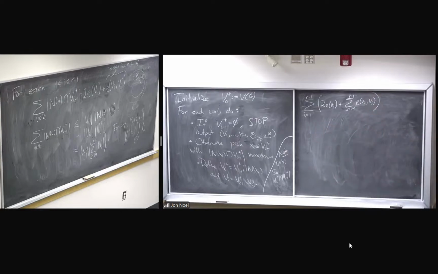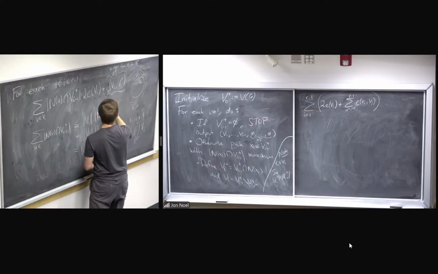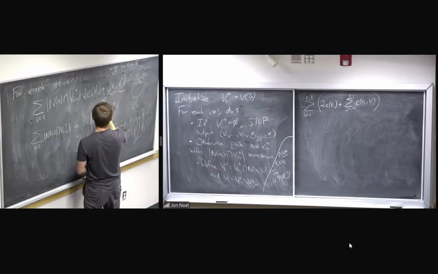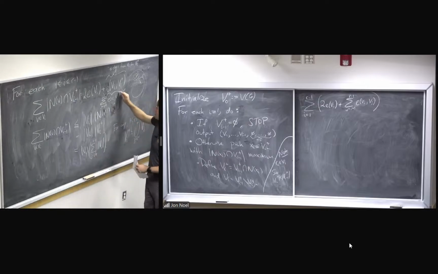I'm just saying that's the same as counting this, because every edge from Vi to Vi-plus goes to some later Vj. This thing is partitioned into all the later Vj's, so that edge must go to one of them.